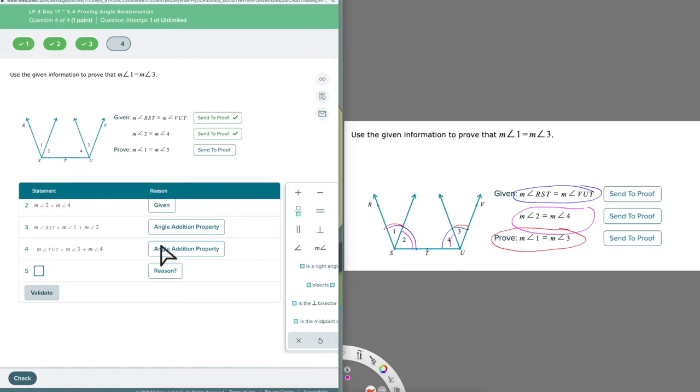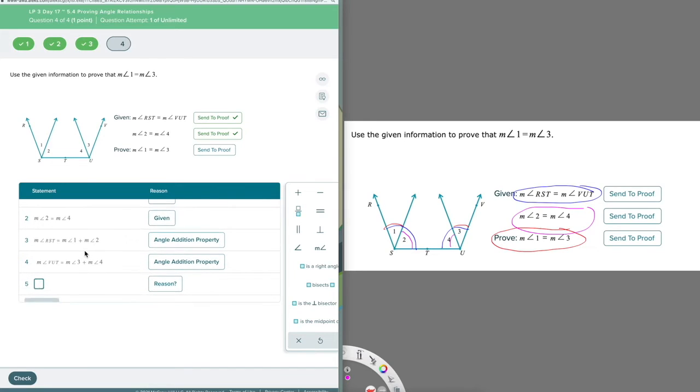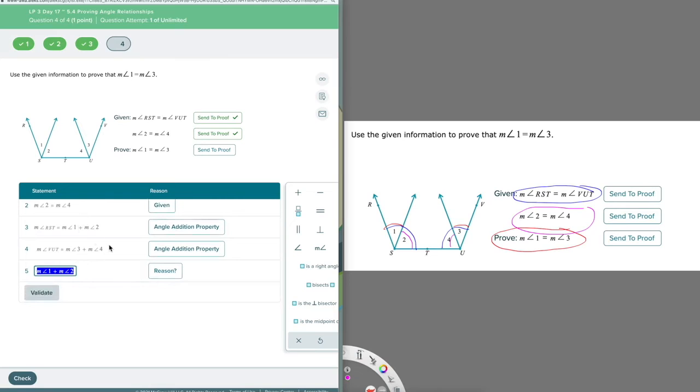So instead of writing RST, I can write angle 1 plus angle 2, just like this. And instead of VUT, I can write angle 3 and angle 4. So this is going to equal angle 3 and 4.